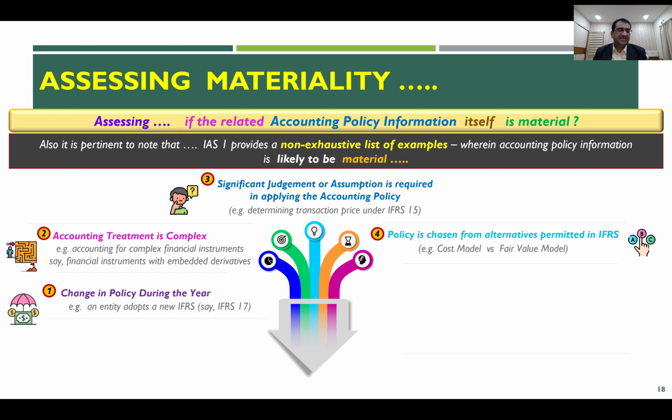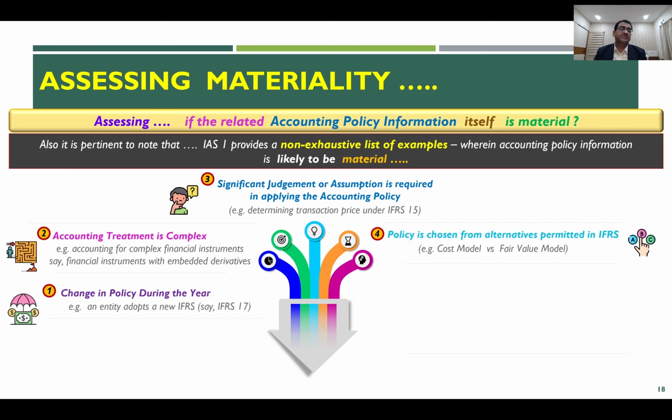Of course, this option is not there so far in the Ind-AS literature, but under the IFRS world, IAS 40, you have an option to apply the cost model or the fair value model, right? So if you have such an accounting policy choice to be made, which is permitted within the literature itself, then the standard says in those circumstances, accounting policy information is deemed likely to be material and you've got to disclose them.